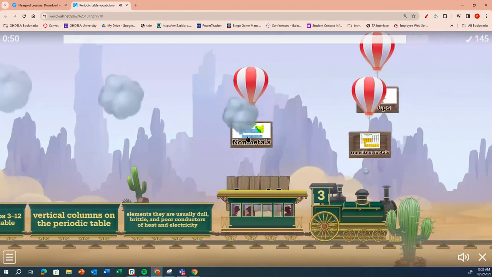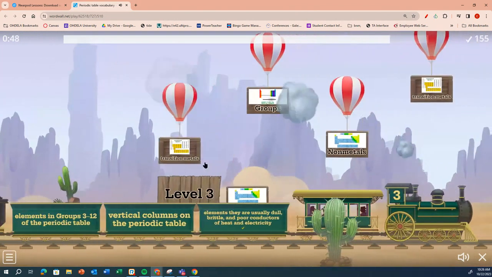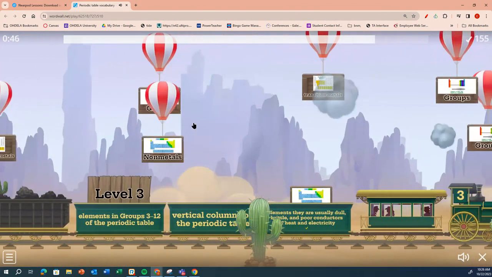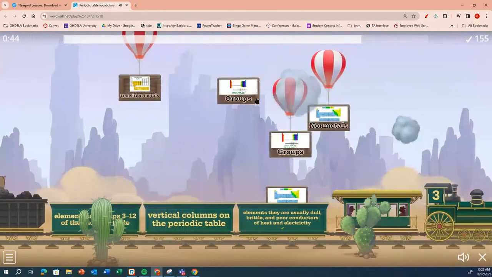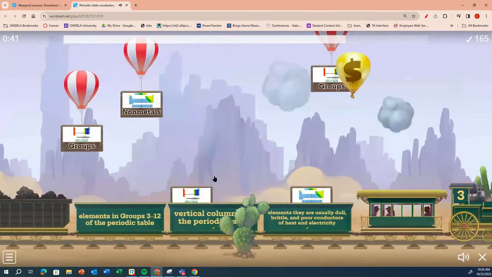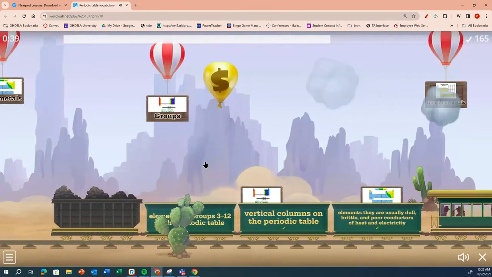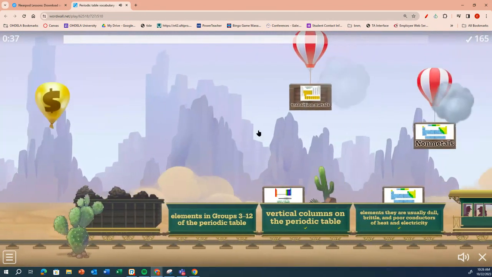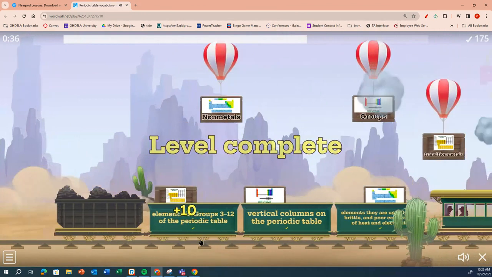Elements that are usually dull and poor conductors. Vertical columns are your groups. Elements in groups 3 through 12, transition elements.